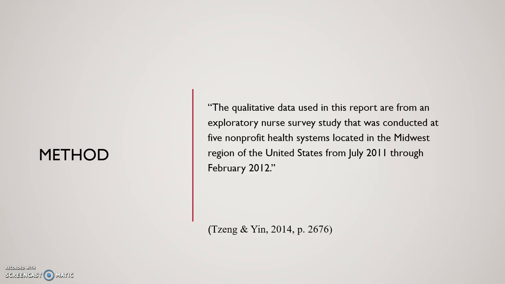Method. The qualitative data used in this report are from an exploratory nurse survey study that was conducted at 5 nonprofit health systems located in the Midwest region of the United States from July 2011 through February 2012.